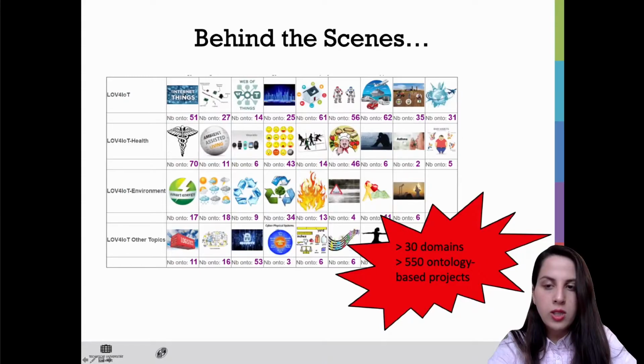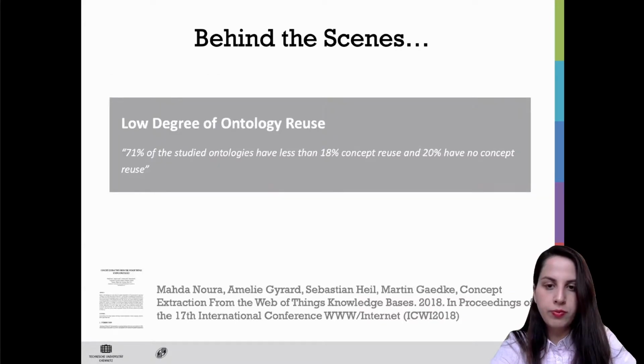Numerous ontologies have been proposed to cover the different IoT application domains. As you can see here, the Lab for IoT Ontology Catalog references more than 550 ontology-based projects which fall into more than 30 different IoT domains. This wide range of ontologies to represent IoT devices and their data hinders the efficient development of cross-domain and cross-platform applications.